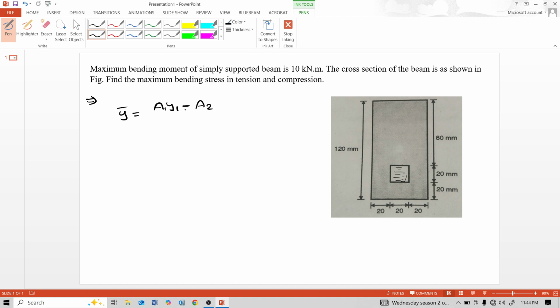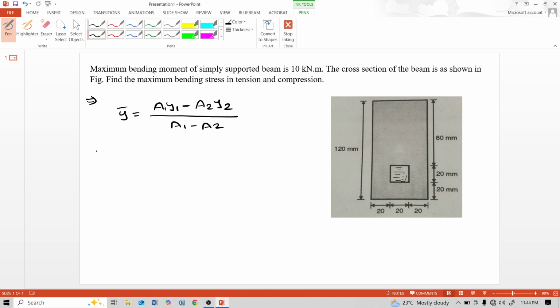That's why we use the minus sign: deduct this square part. a2 and y2 is the centroid distance for the square from the bottom fiber, and a1 is the area of the whole rectangle, and y1 is the centroid of this rectangle from the bottom fiber, upon a1 minus a2.